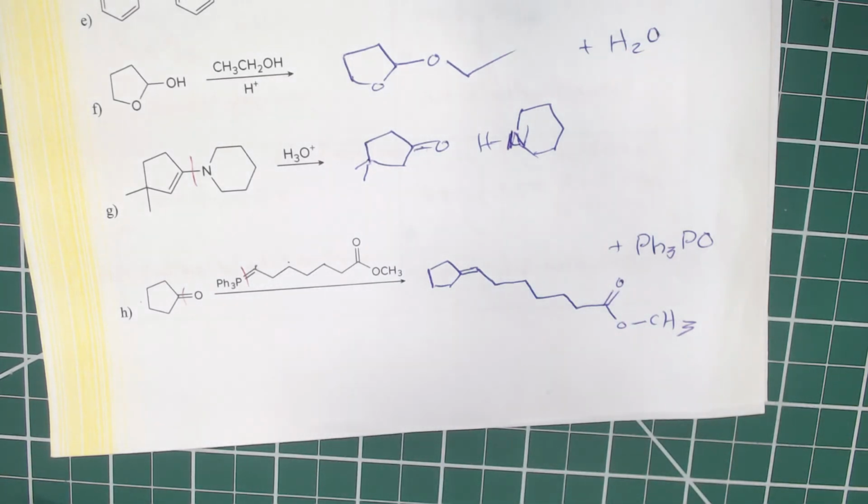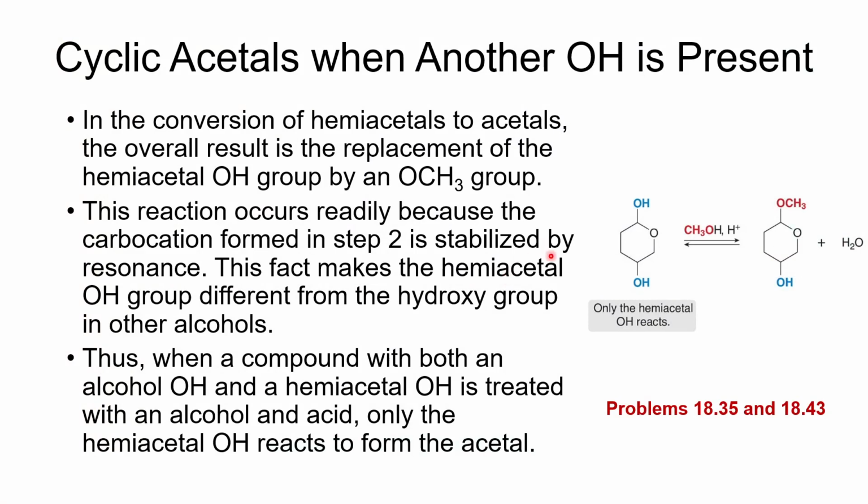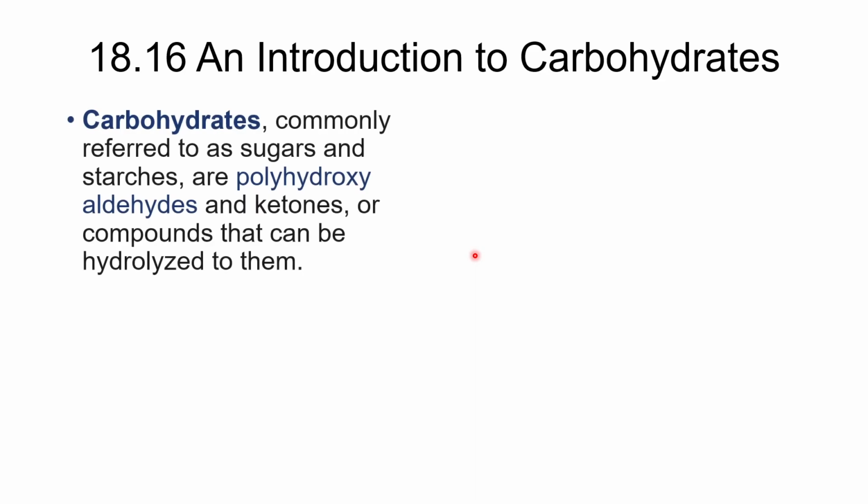We do need to go back and just ever so briefly talk about carbohydrates. This is a very brief introduction to carbohydrates. It's a mention of carbohydrates because we just talked about cyclic hemiacetals and cyclic acetals. So carbohydrates are sugars, right?